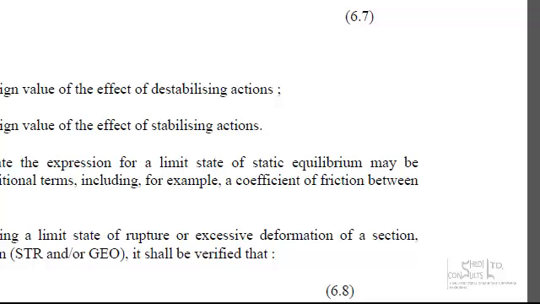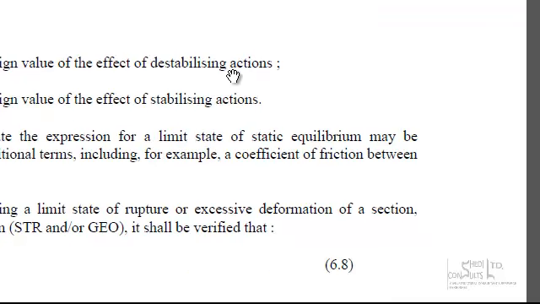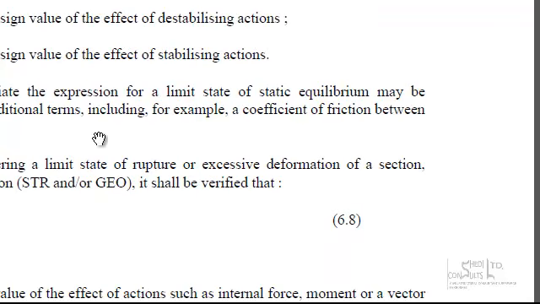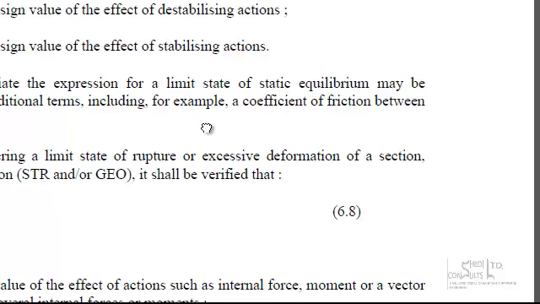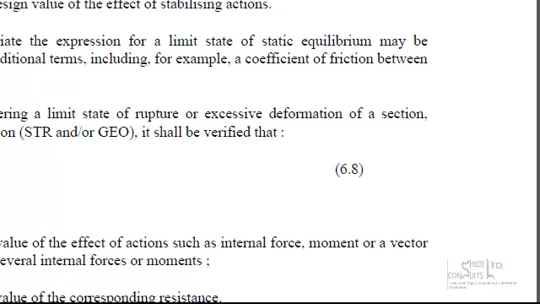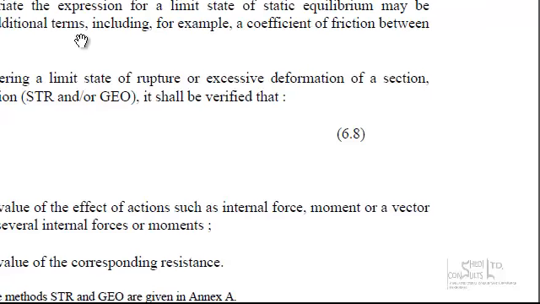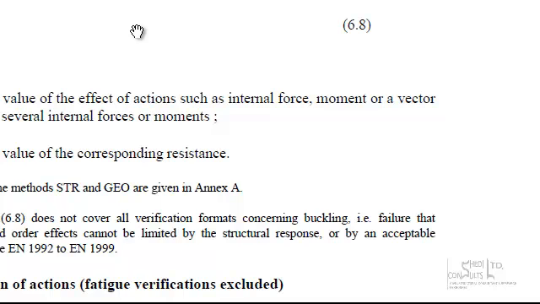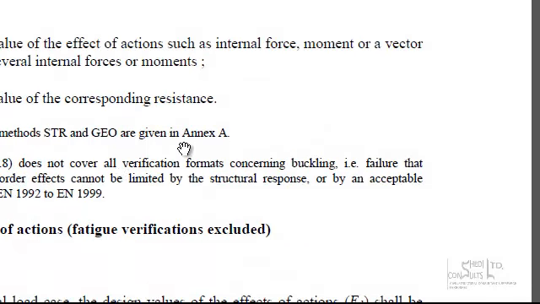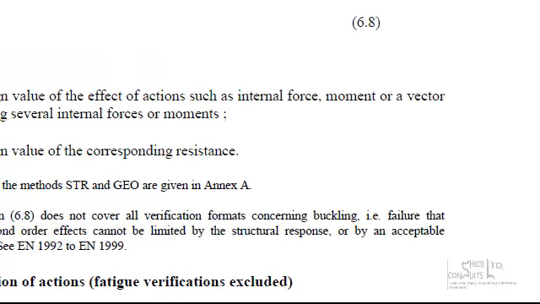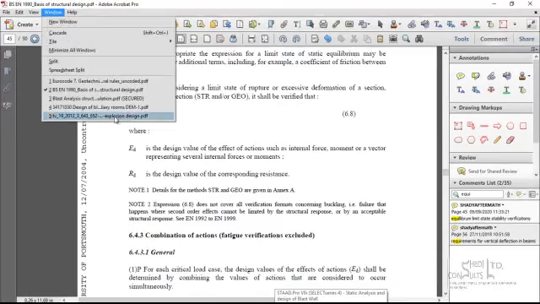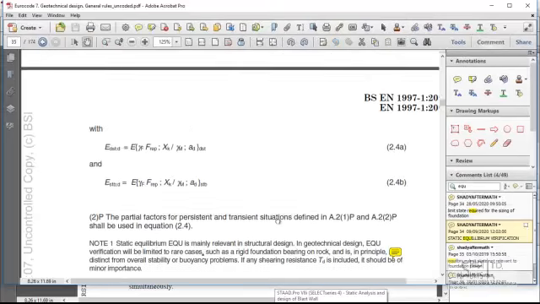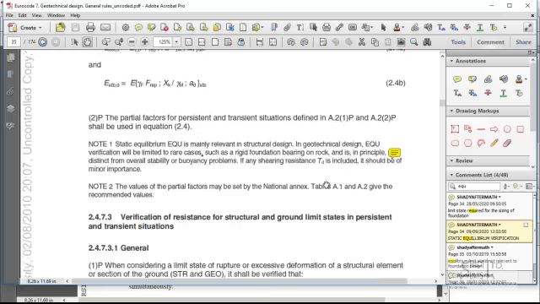So these are the design value of the stabilizing action, and these are the design value of the destabilizing action. So the partial factor of safety to cater for these conditions is stated clearly in the relevant annex. We need to check the stability against sliding, stability against bearing capacity failure, and then stability against overturning.